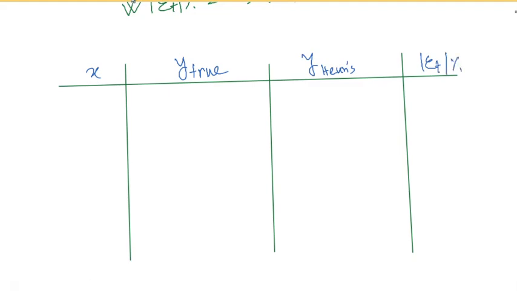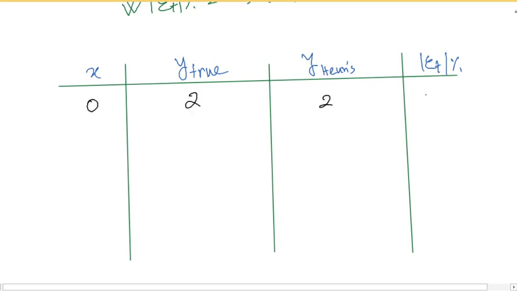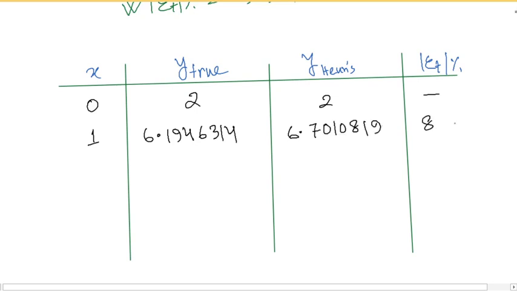So let's write down the results. When x was 0, the true value was 2, the initial value was 2 all the time, and when we go to the first step, we have found the true value as 1946314, whereas the Heun's value we obtained was 7010819, and it was 8.18%.